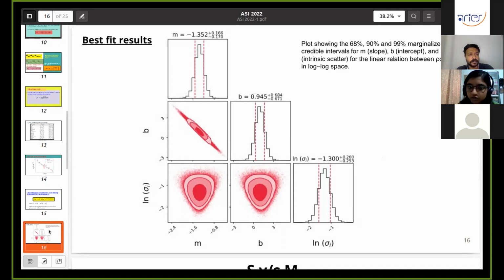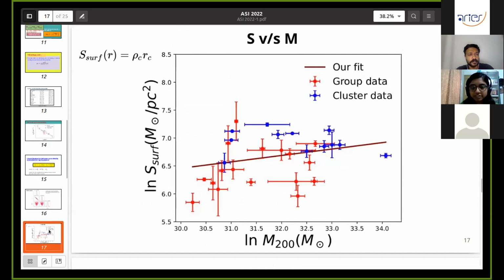So now coming to dark matter surface density versus mass. Here is a plot showing the dark matter surface density, which is the product of core density and core radius, versus the mass M200. M200 we have taken as a proxy for mass.